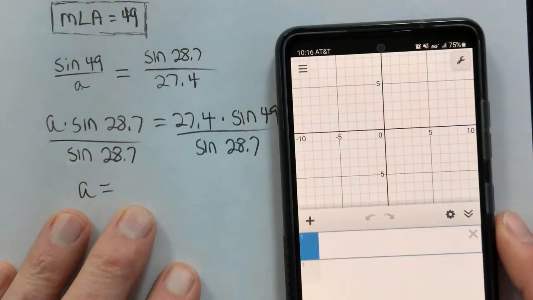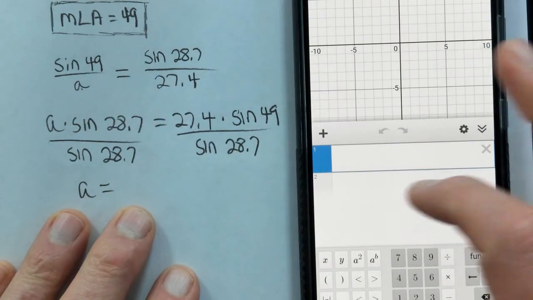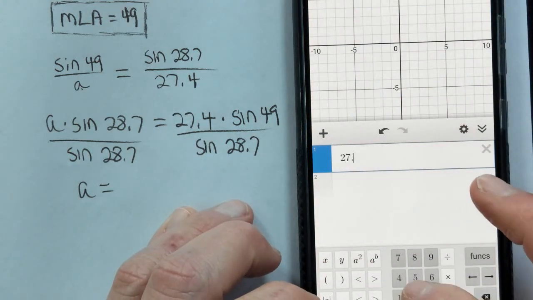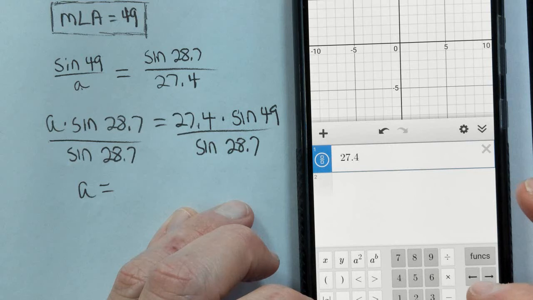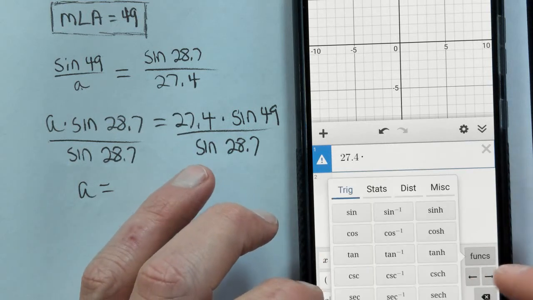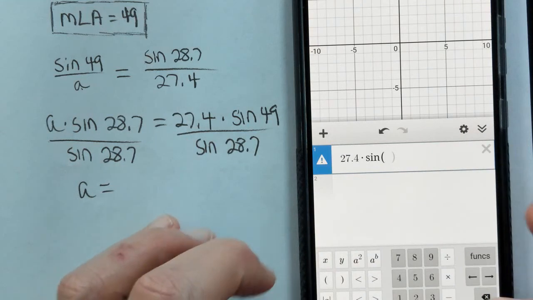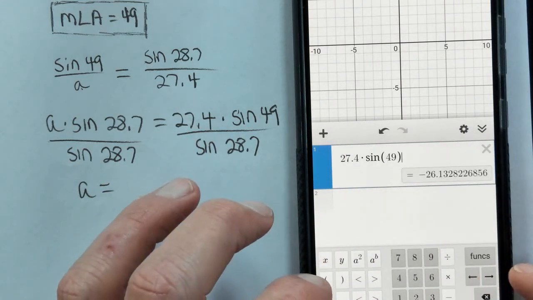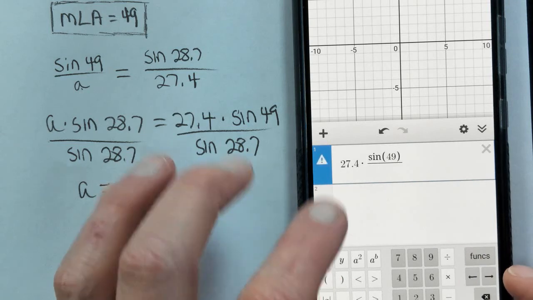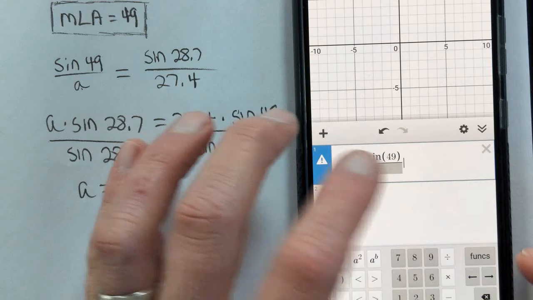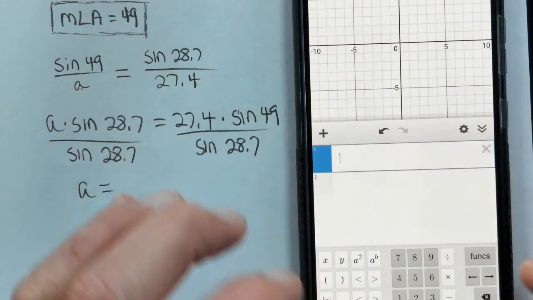So we have our Desmos calculator here, and so I'm going to go 27.4 times the sine of 49. Okay, I should have put my fraction first there because it does that to me. So let me see, I'm going to have to start over here.